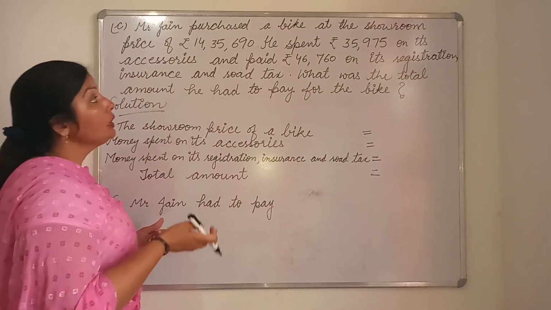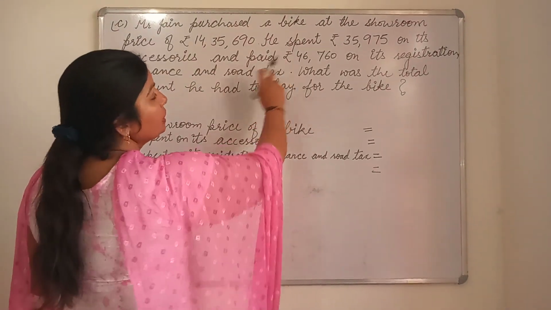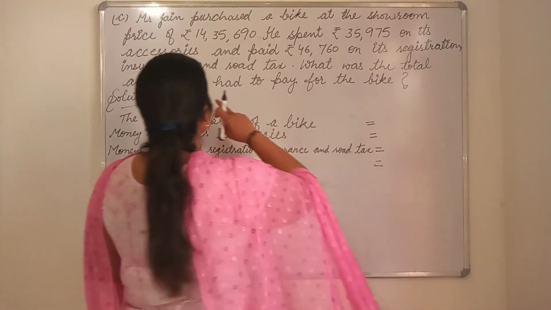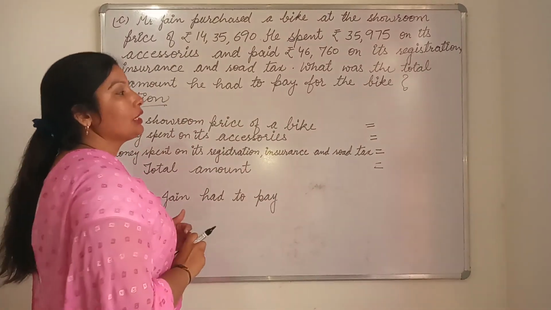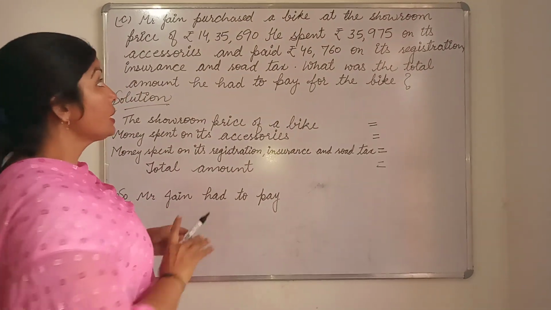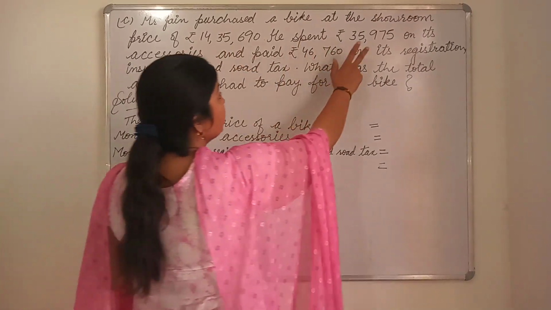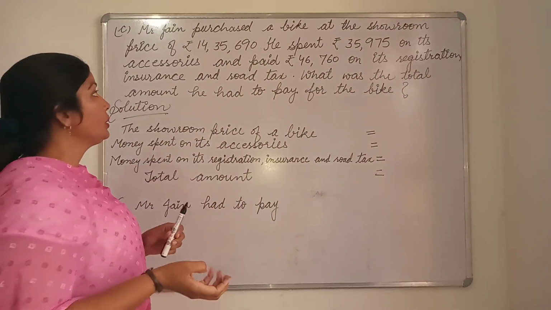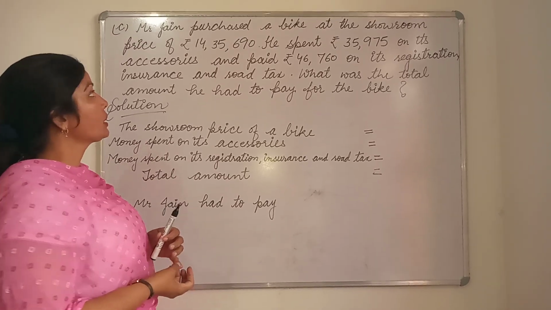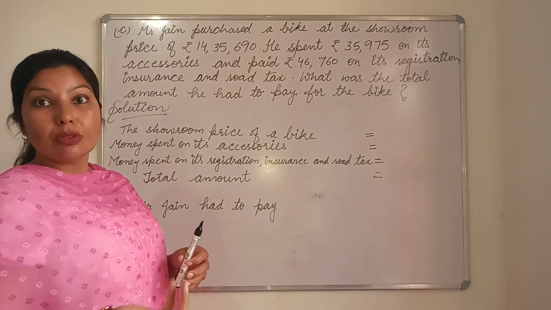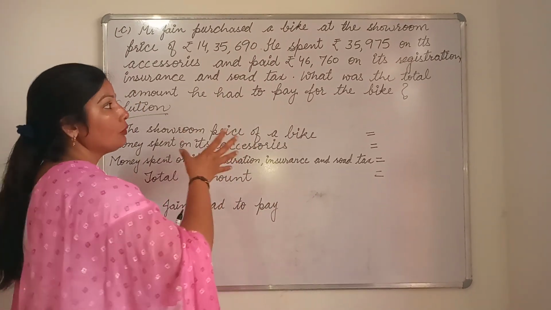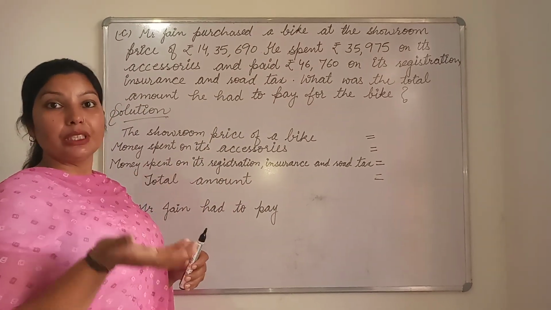For that he paid this much amount. Okay. So what was the total amount he had to pay for the bike? Because this is the showroom price, but this amount also he will pay. For the registration, insurance, road tax and accessories, for these also he will pay. So you have to find the total amount he had to pay for the bike.